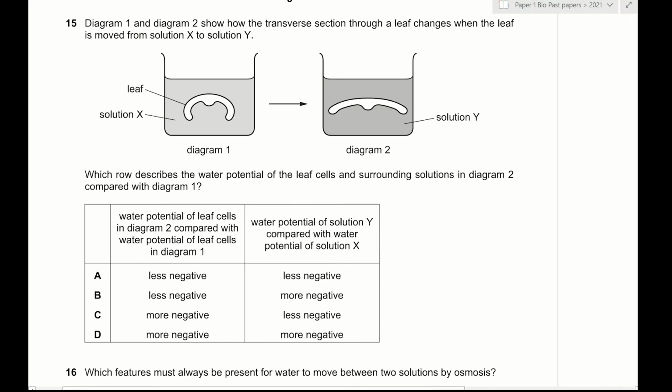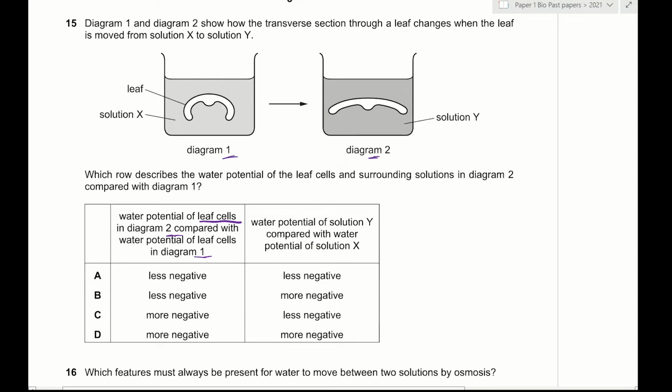Diagram 1 and diagram 2 shows the transverse section through a leaf changes when a leaf is moved from the solution X to solution Y. Which row describes the water potential of the leaf cells and surrounding tissues in diagram 2 compared with diagram 1. Okay, water potential of leaf cells. Here we're talking about the leaf cells in diagram 2 compared with water potential of leaf cells in diagram 1.